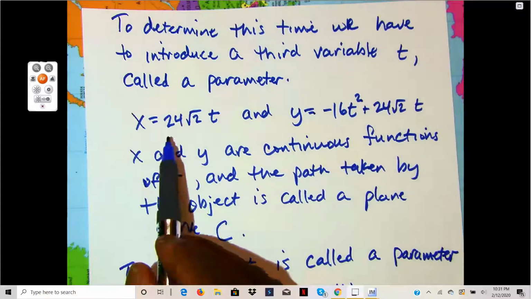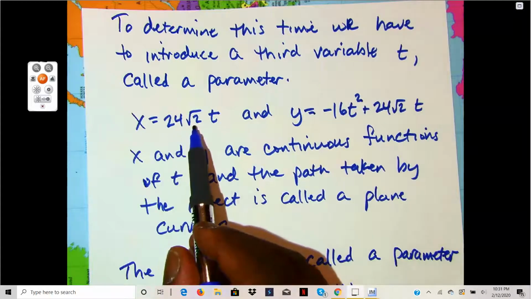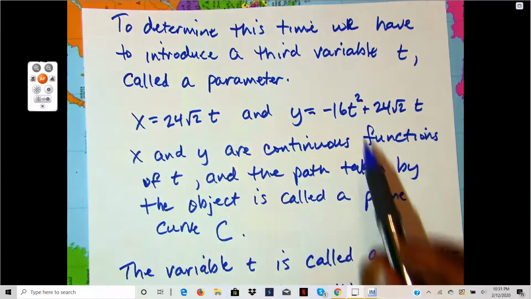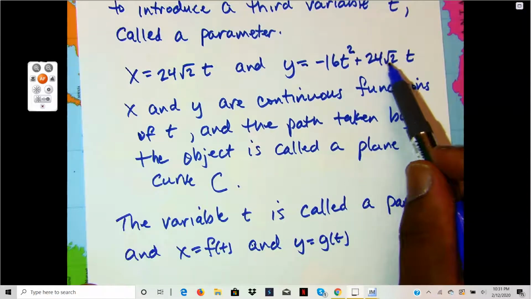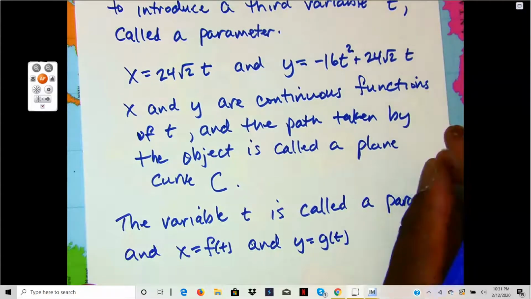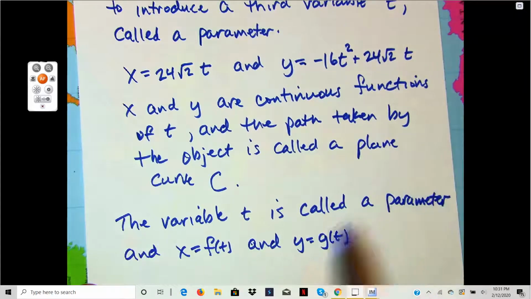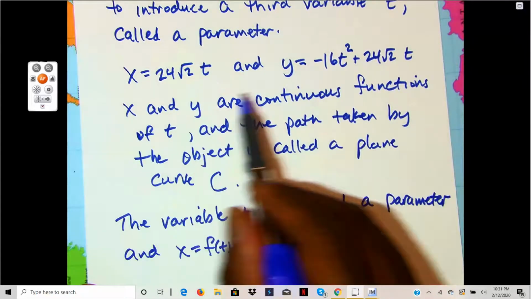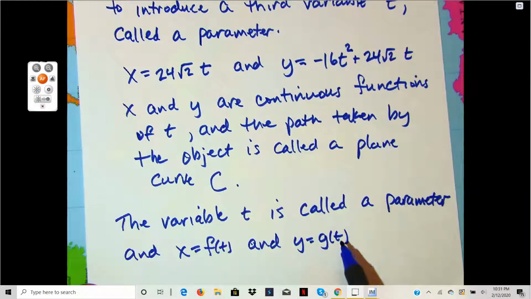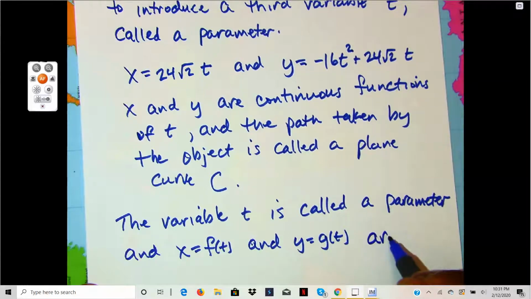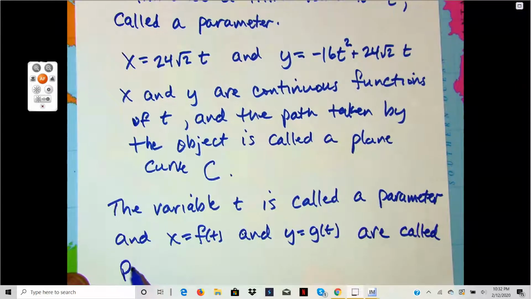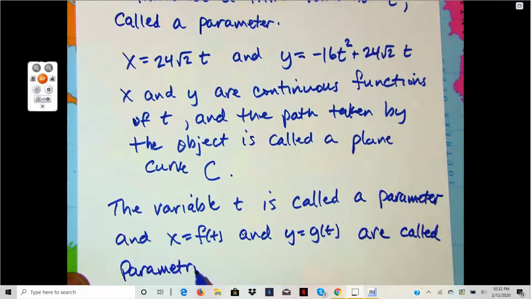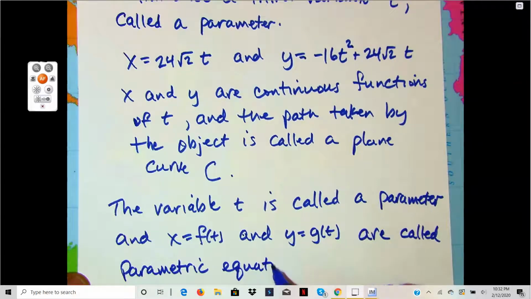So in the above example, our f of t would be 24 square root of 2 t, and our g of t would be negative 16 t squared plus 24 square root of 2 t. And those have to be continuous functions. These two functions, x is equal to f of t and y is equal to g of t, are called parametric equations. So these are your parametric equations.